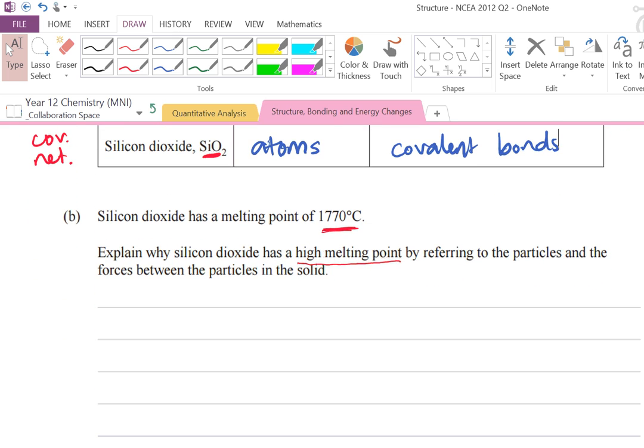Silicon dioxide has a very high melting point. So high melting point means that there must be strong forces in between the particles. And so that's the key thing we're after there. It must require a lot of energy to break these bonds.